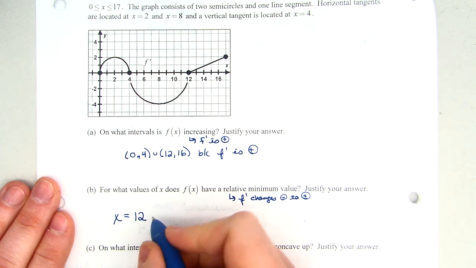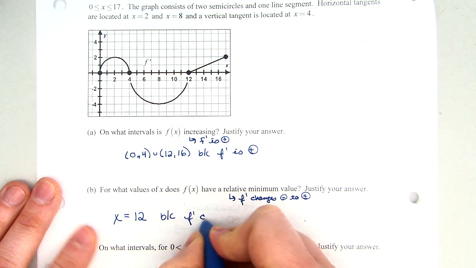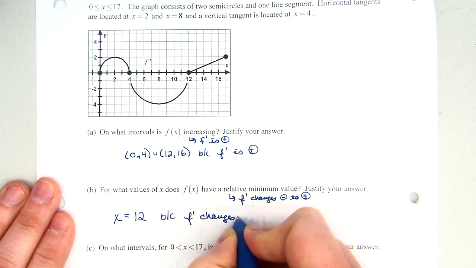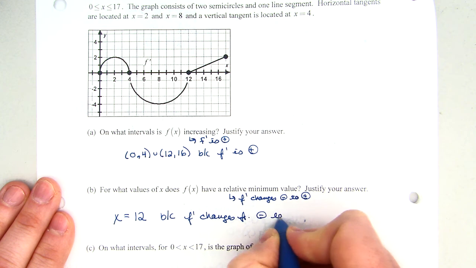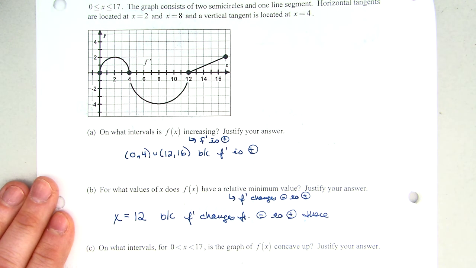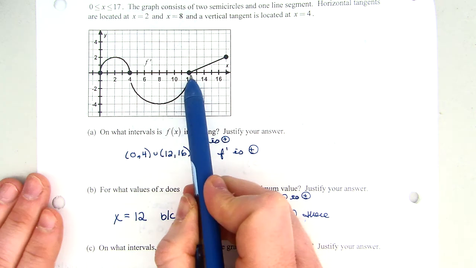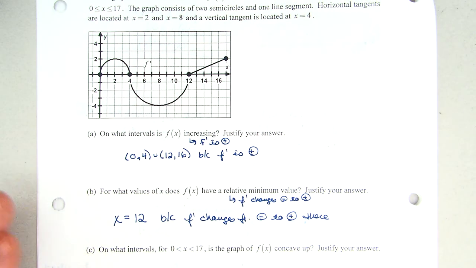Don't tell me 12 comma 0 because I want to know where f has a relative minimum. Well, the y coordinate would be f of 12. We don't have f of 12. We've got f prime of 12. We can't figure out f of 12 yet.